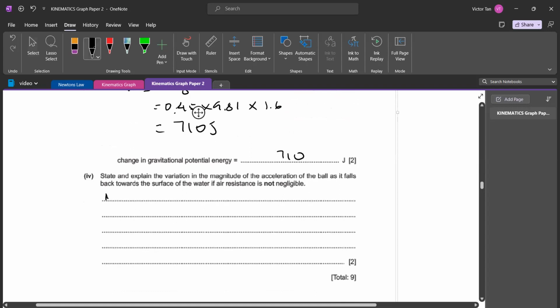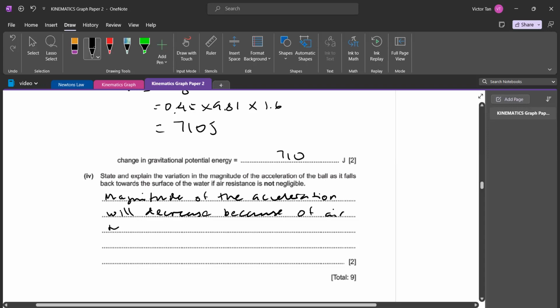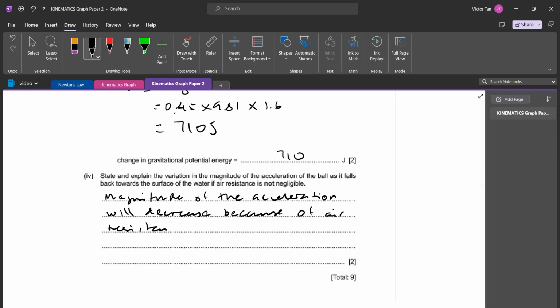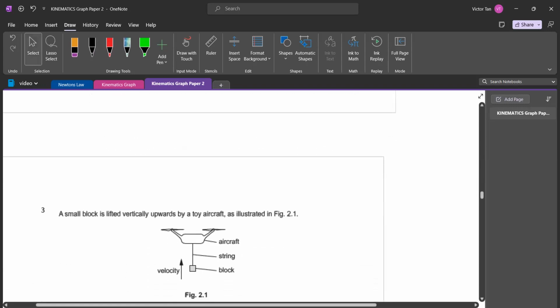So the magnitude of the acceleration will decrease because of air resistance. Okay, that should be the answer.